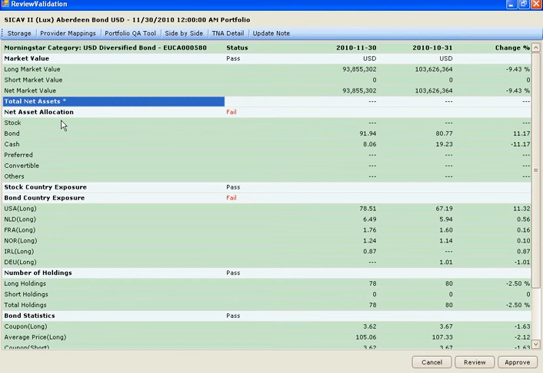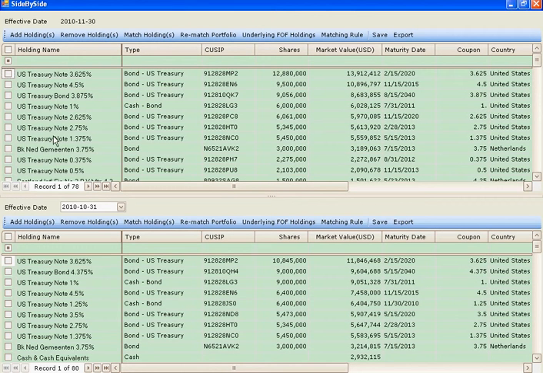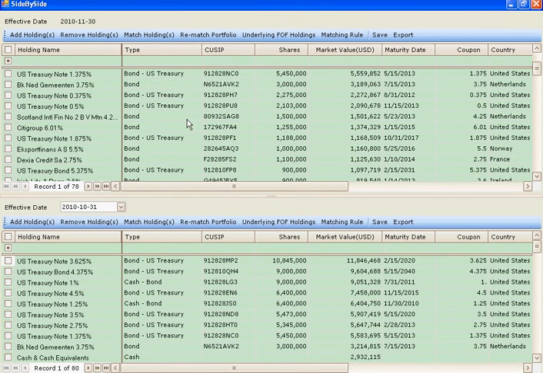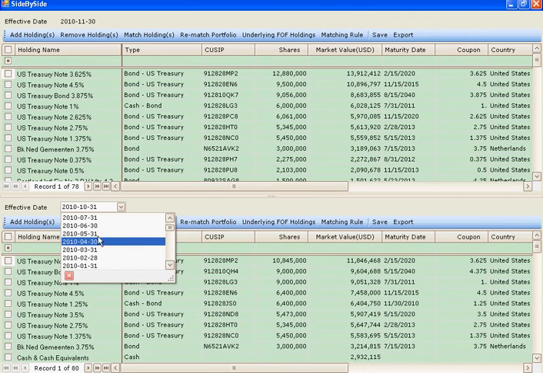For this part, we also use this side by side. You can see the portfolio of this period. Here, there are a lot of historic portfolios you can choose.